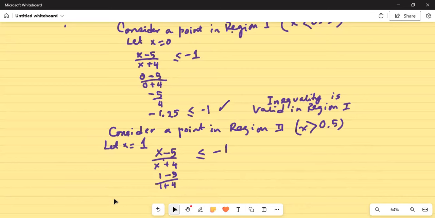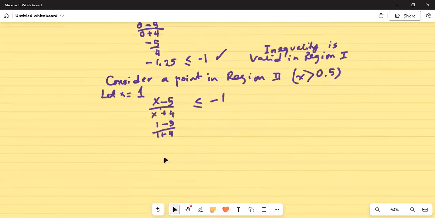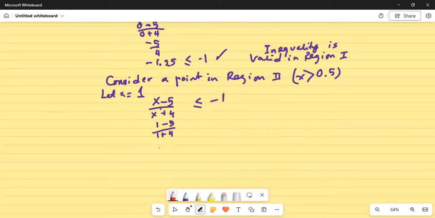So this is 1 minus 5 divided by 1 plus 4, this is minus 4 over 5, which is minus 0.8.